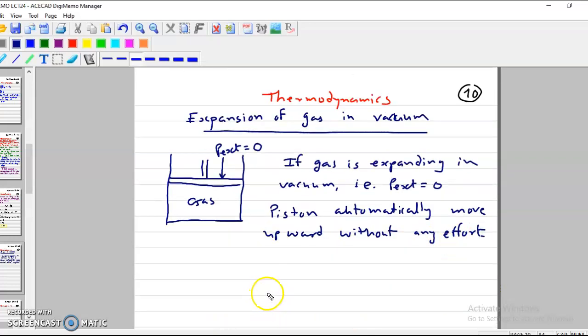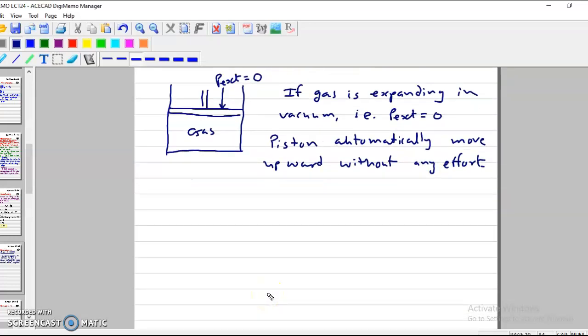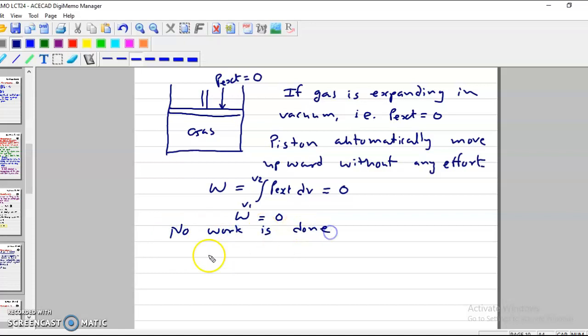Therefore, we can say that, and you know that work W is equal to the integral from V1 to V2 of P external dV, and as P external is 0, work is 0. So W will be 0. So when gas is expanding in vacuum, no work is done. No heat changes, therefore dQ will be 0, dW will be 0, and therefore internal energy change is also 0.